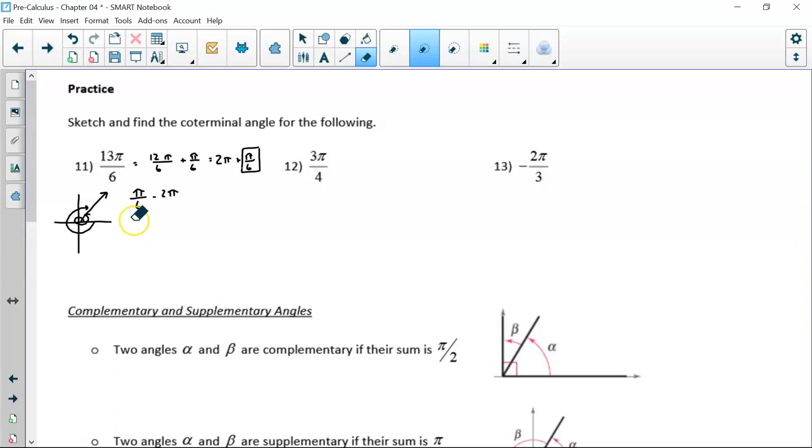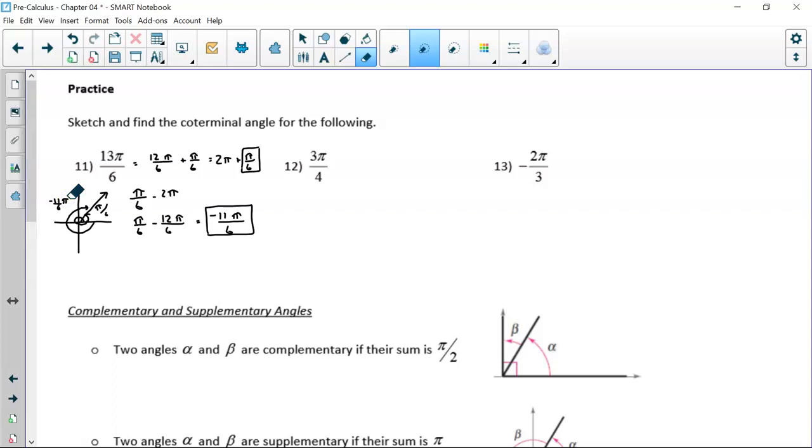That's pi over 6 minus, now 2 pi is the same as 12 pi over 6. So we have that common denominator, which would give us 1 minus 12, which is negative 11 pi over 6. So there are our coterminal angles. The pi over 6 would be the quickest way, and then negative 11 pi over 6 would take us the long way around this circle.